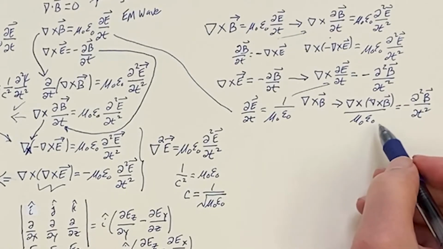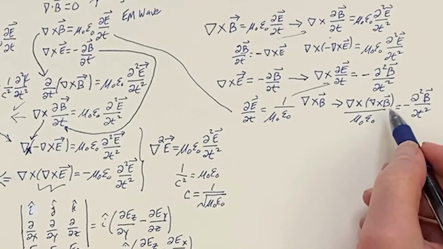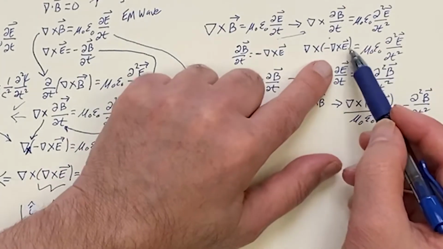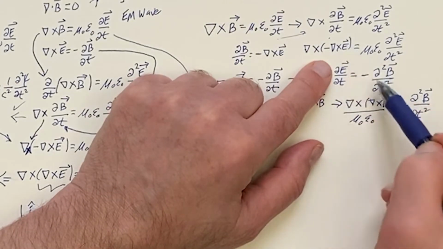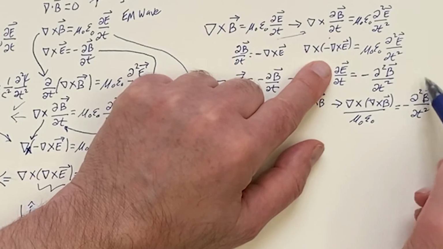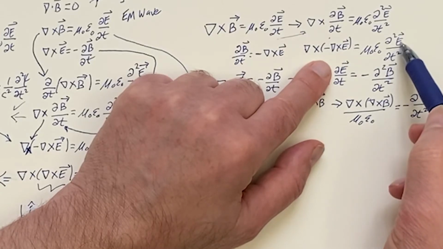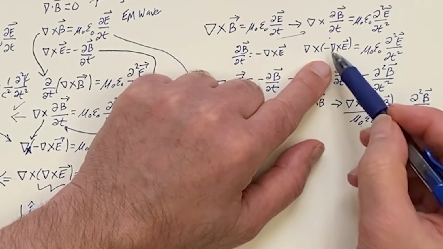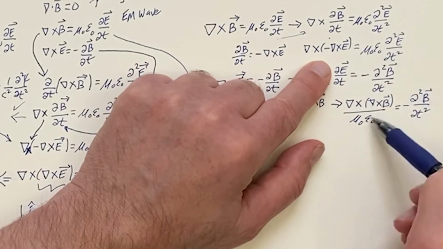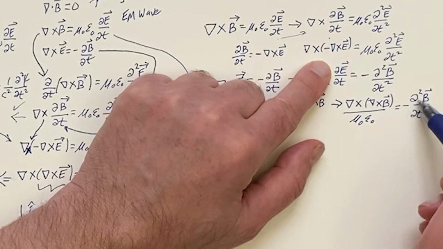Okay, but now, if we compare these two, these are the same, just with the B replacing E here. If you replace the E with the B, you have here the minus sign, here's the minus sign, and then you have this combination, which you can bring over to the right.